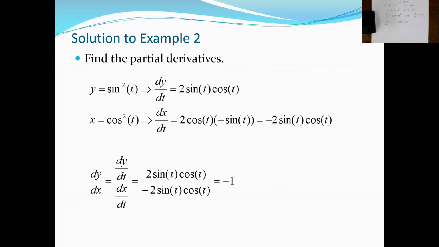Well, if I write these as that quotient, I'm just going to take 2 sine t cosine t divided by the bottom, which is negative 2 sine t cosine t. And I did switch the sine and cosine there just to make it easier. And 2's cancel, sine t's cancel, cosines cancel. And look at that, we just get negative 1 as our derivative with those 2 parametric equations.